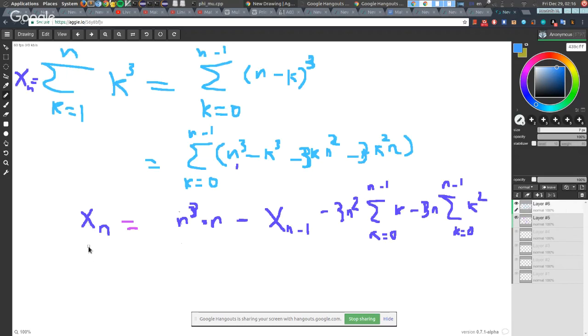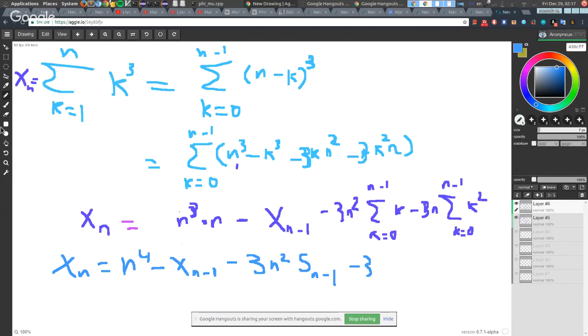Here we have xn equal n to the power 4 minus xn minus 1 and 3n squared times Sn minus 1.